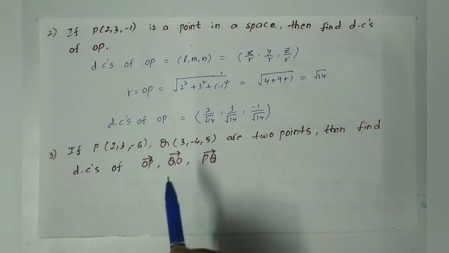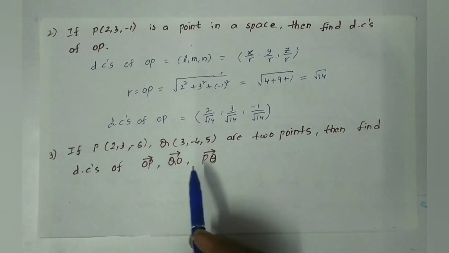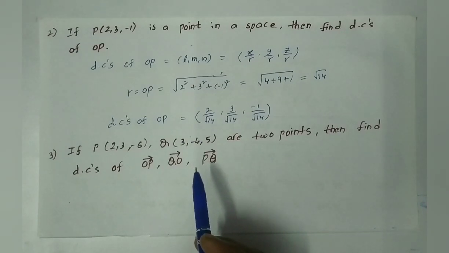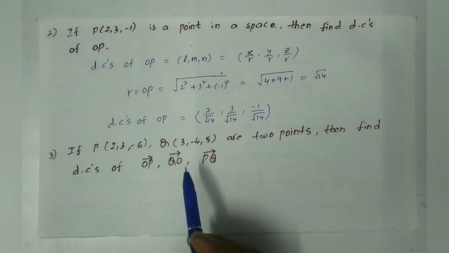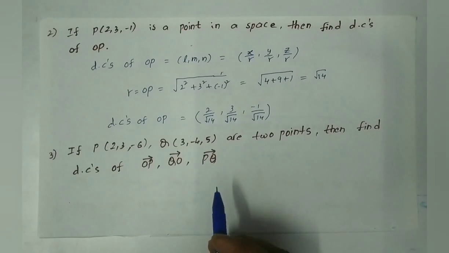Here, students, already we know the direction cosines of the line PQ with the points P(x1, y1, z1), Q(x2, y2, z2).